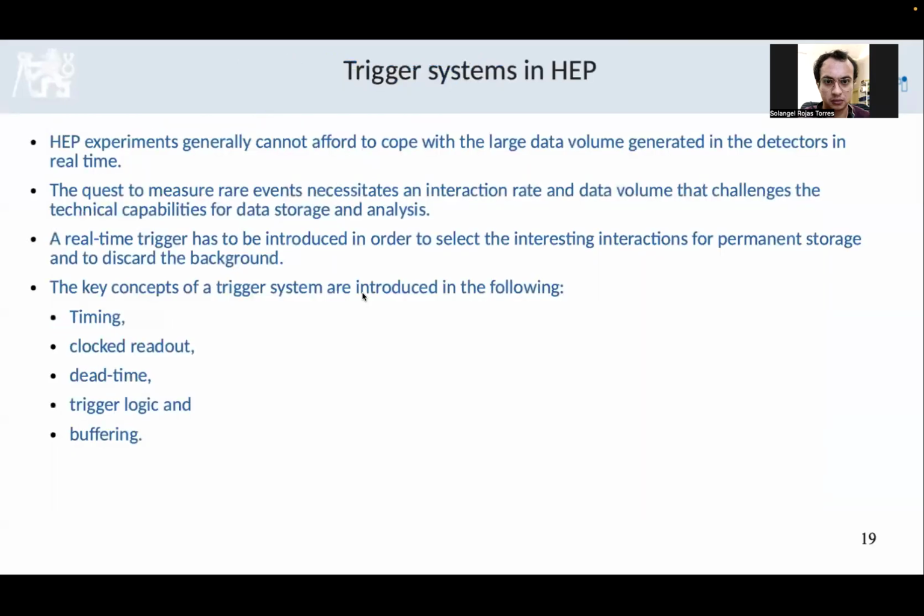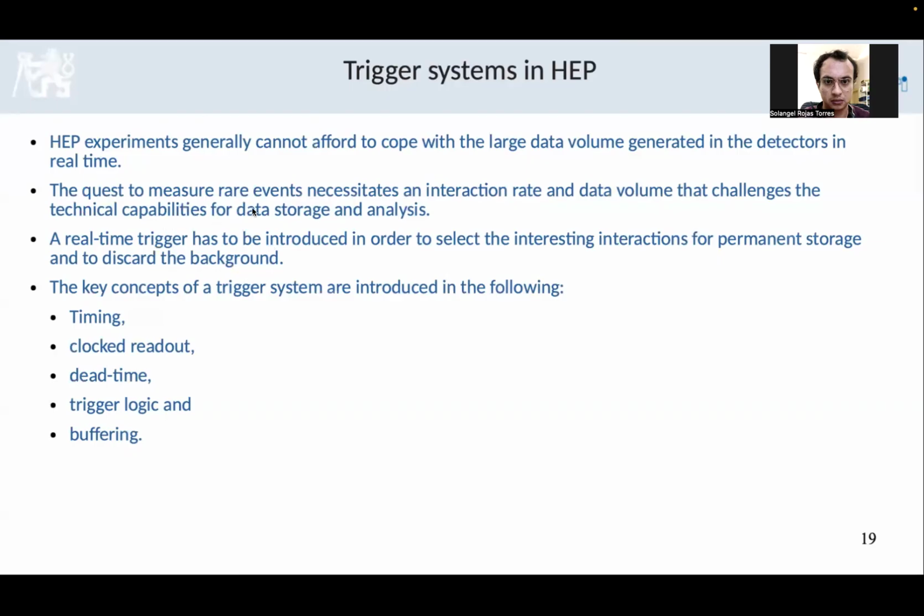But for high energy physics, again, you don't want to store all the information. Also, you don't have the capability to save everything, because you can run out of memory.